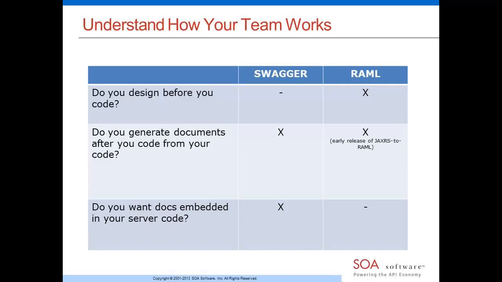So another thing before you pick your API description language is really understand how your team works, okay? If you design before you code, right now at this particular point, RAML is the one for you, right? This is if you design before you even understand what your implementation is going to be.